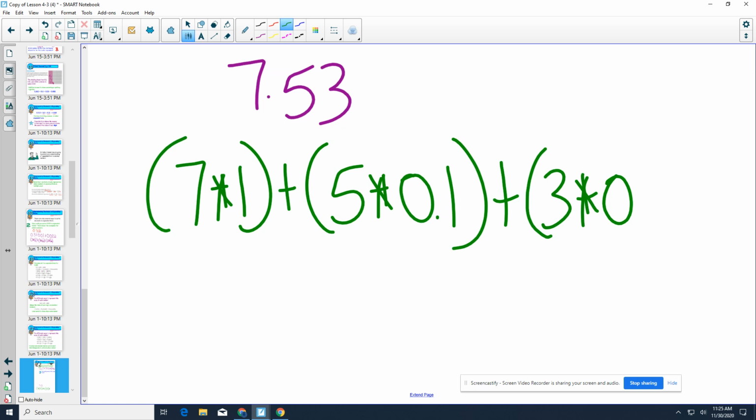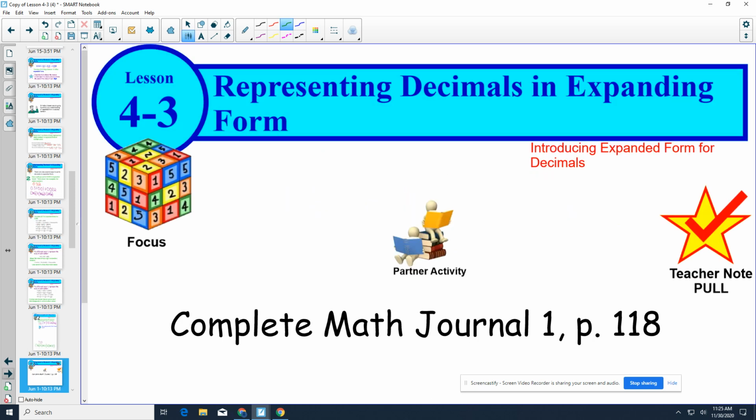And you could write those as fractions, you could write it in number word form. There's several different methods you could use for that.